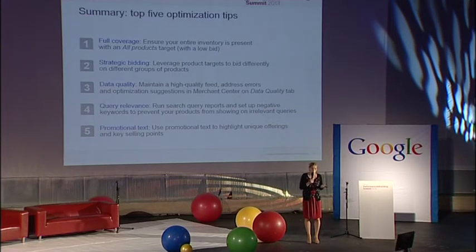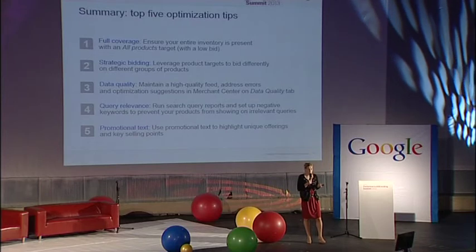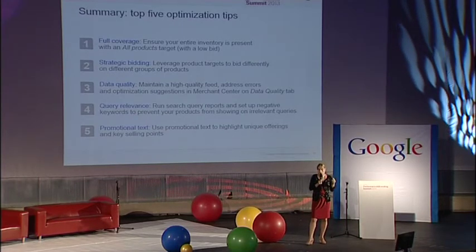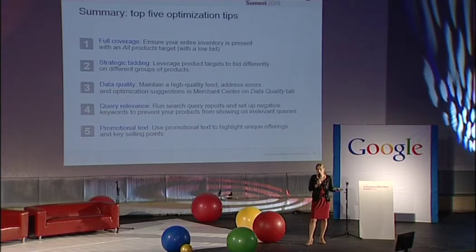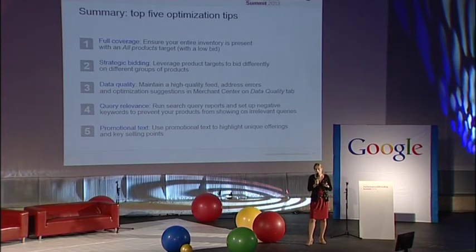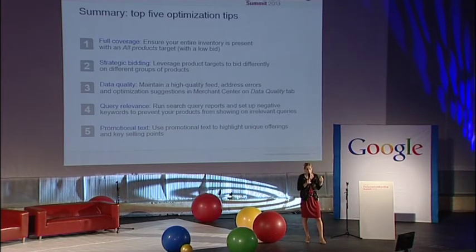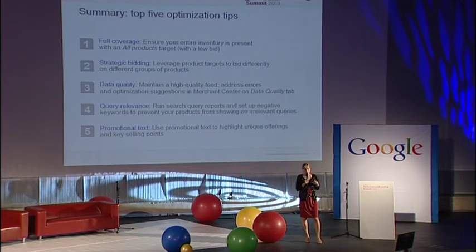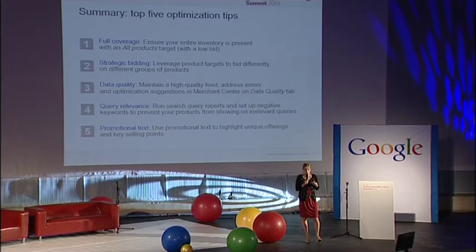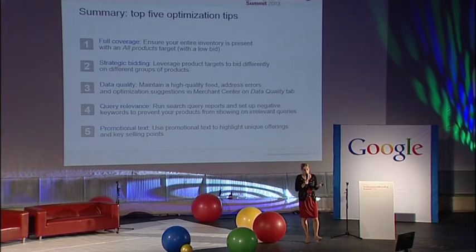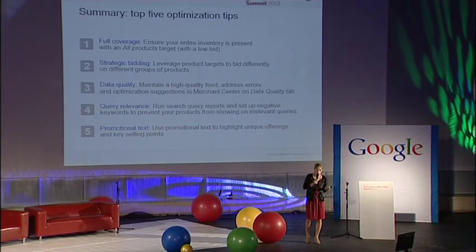Because it's really important to understand that our system automatically matches what's in your feed with the query. So the more info you give us, the better we'll be able to serve your products when a query is relevant for you. And information we're going to use is, for example, what's in your description.